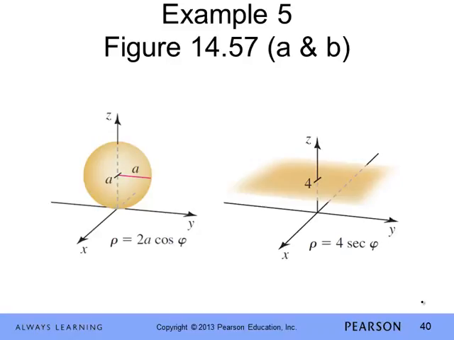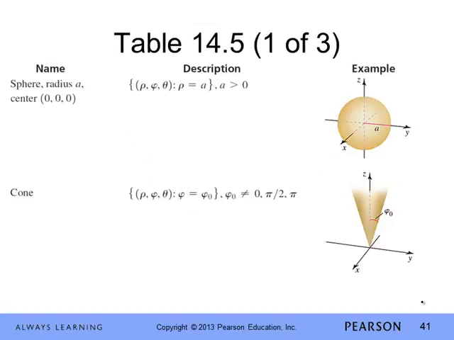Even in spherical coordinates, the equation is not too bad. Like I said, if you want your sphere centered at the origin with a fixed radius, then rho equals that radius will be your surface.